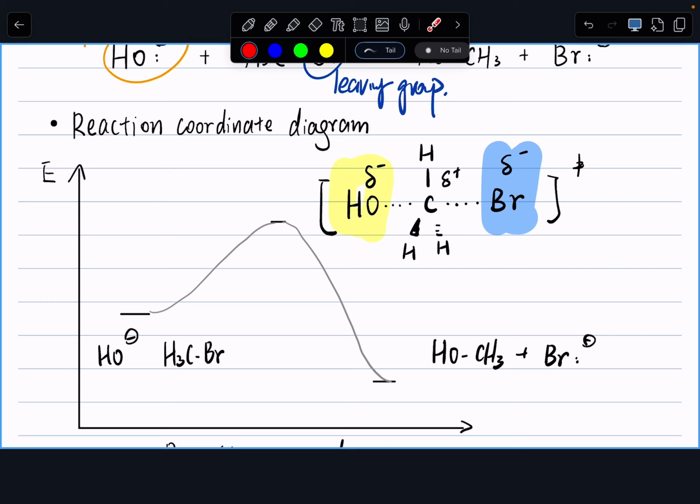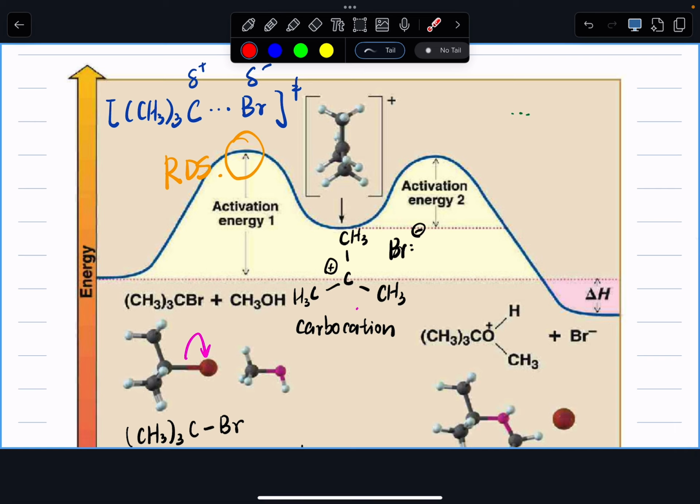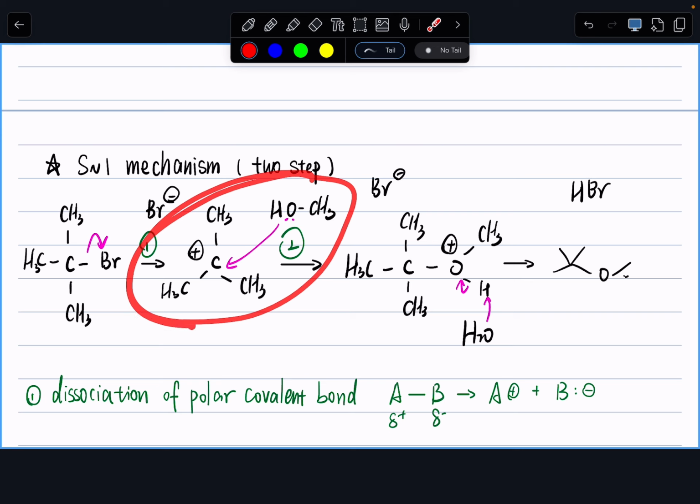If we do the same kind of analysis on the SN1 reaction mechanism, we expect the SN1 reaction to be not stereospecific, because when we're forming the new carbon-oxygen bond in the second step, we're looking at the nucleophilic addition onto a carbocation intermediate.